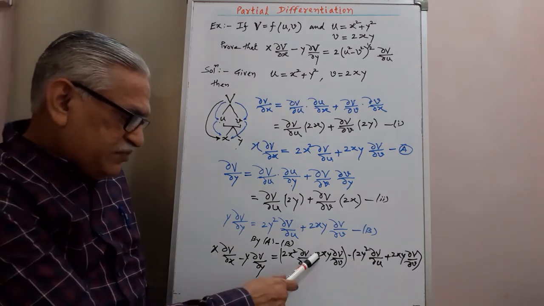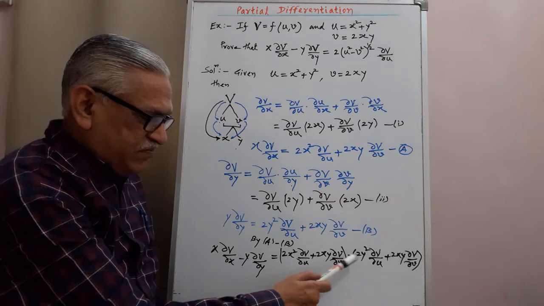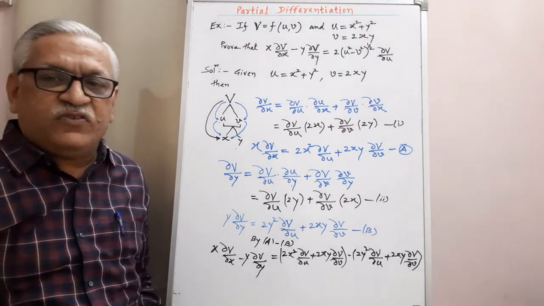So here it is plus 2xy ∂v/∂v and minus 2xy ∂v/∂v, which get cancelled.